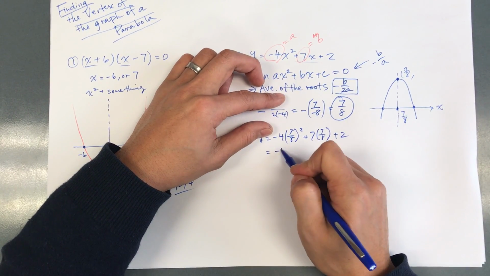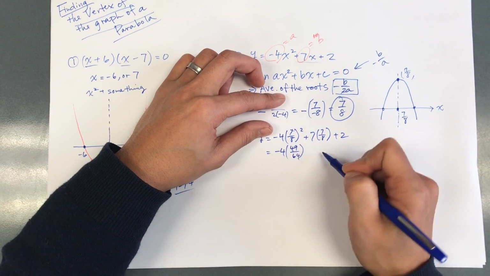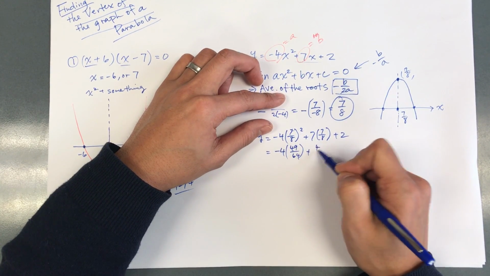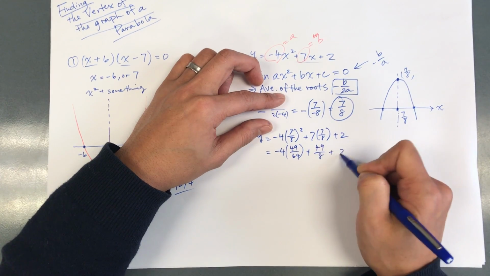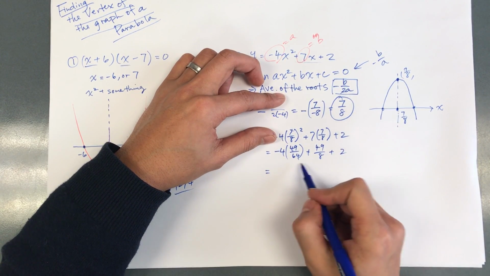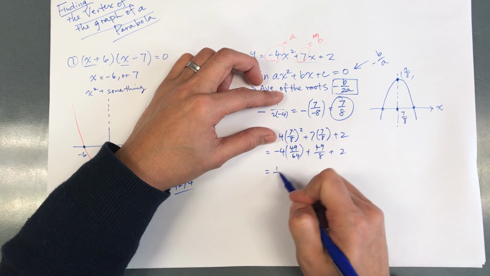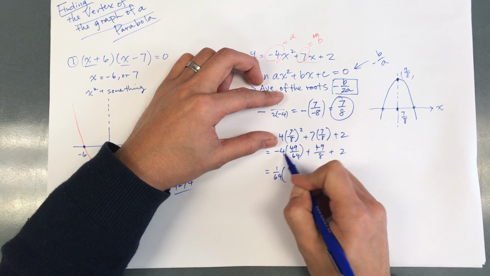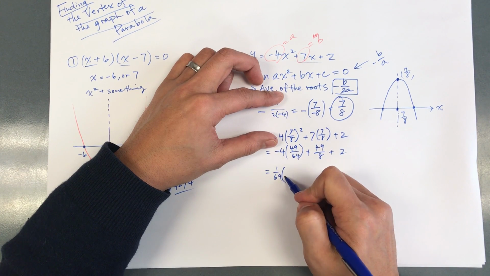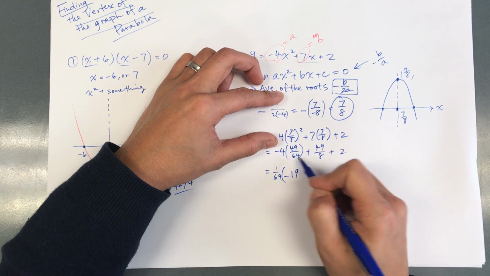Doing some calculation, you get -4 times 49 over 64 plus 49 over 8 plus 2. Having a common denominator, we're going to get 1 over 64, negative 4 times 49, which is negative 196.